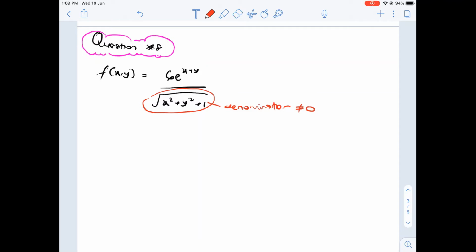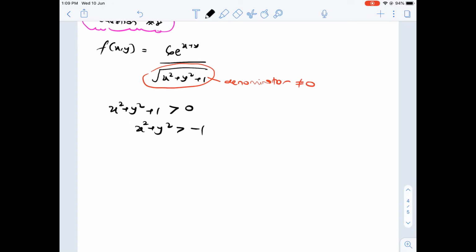So we need to ensure that. We need to write it as this: x squared plus y squared plus 1 cannot be equal to 0, and since this is a square root sign, it should be greater than 0, of course. So we have x squared plus y squared greater than negative 1.